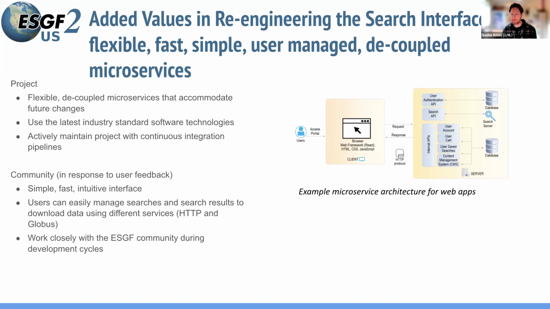The browser will interact with various services on the server and distributed around the federation, including backend APIs to manage user information, search results, and node statuses. Also think about content management, but that's not something we're doing at this stage.